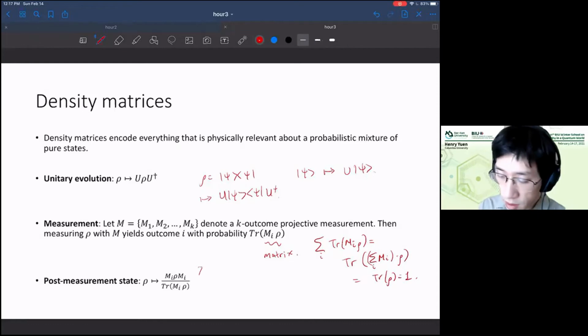Okay. And this formula tells you how to compute the post-measurement state. We won't need this for now, but just so you have it for later reference. So those are the rules. We have unitary evolution. We now know how to take measurements.